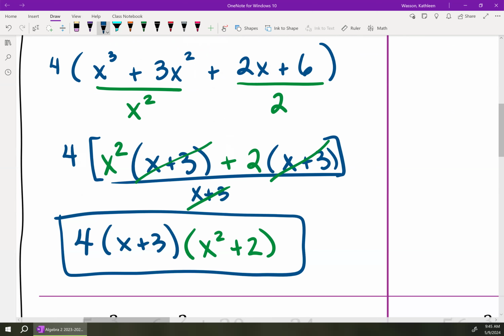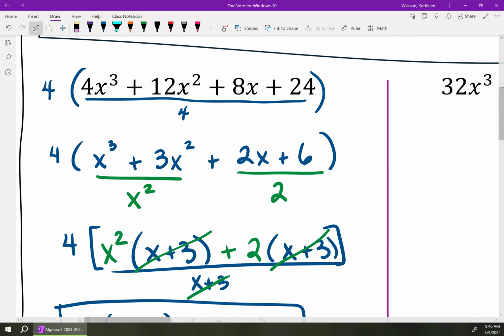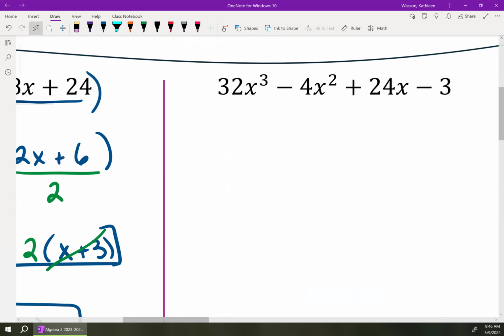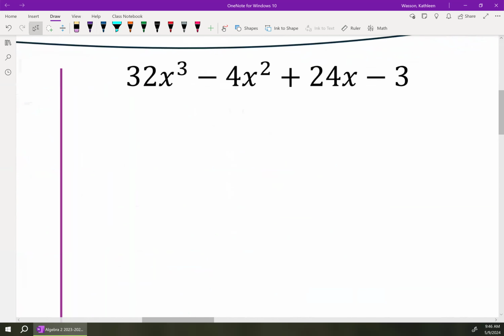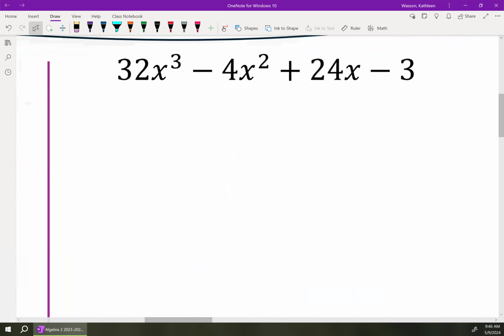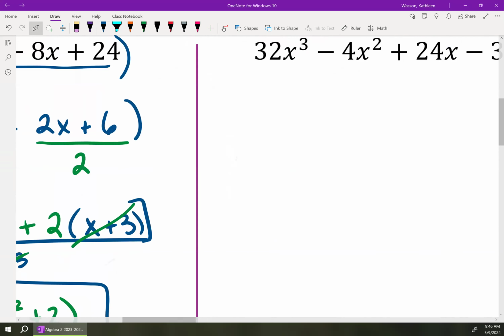To check yourself, you could graph this factored polynomial in your calculator, and you could also graph the original one you were given, and the graphs should line up on top of each other. Whatever shape it is, they should represent the same points. It should be equivalent. And that's the quickest way to check and make sure that you didn't make any errors when you're factoring. I could write that on here, graph to check.